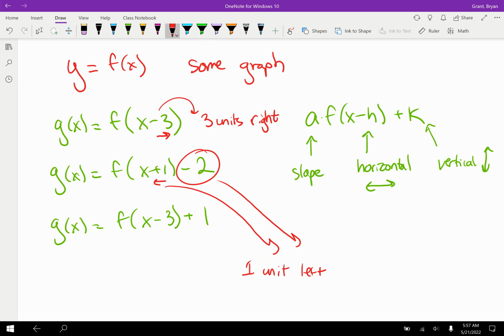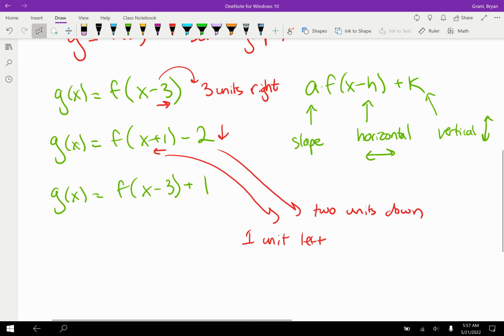And then minus 2 is the k, and so that would move me 2 units down. Negative 2 means move down. If you look at this last one, minus 3, opposite of h, so we'd go right 3, and plus 1, we'd go up 1. So we'd say right 3, up 1.